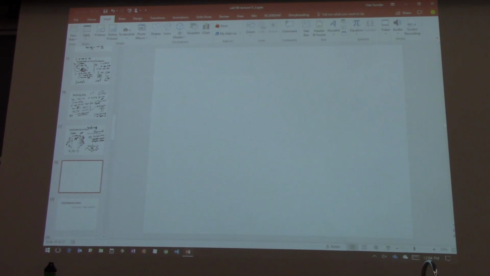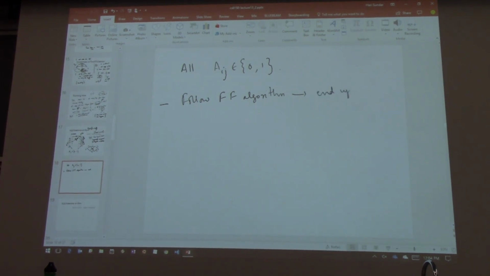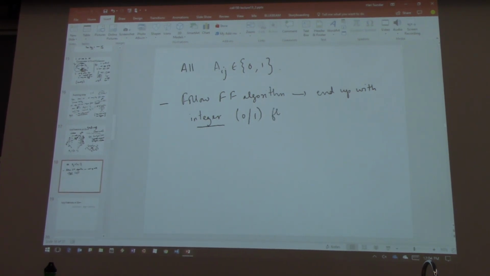So if all Aij are 0 or 1, then what we are saying is, if you follow the Ford-Fulkerson algorithm, then you end up with integer flows, and that too 0 or 1, in each iteration.